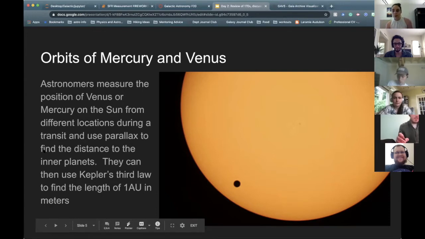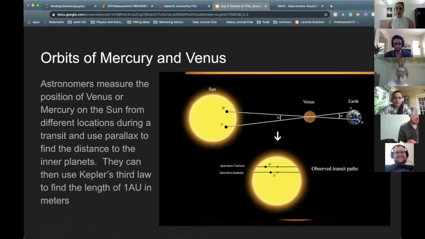So I'm going to show that again. What you're doing, if you can observe the transit of Venus from 2 locations on Earth, then you can use the difference of position on the sun and really careful timing in order to figure out the distance from Venus to the Earth, and essentially just use parallax along with our Kepler's laws, where we knew that fraction of an AU that Venus is sitting at, to get the distance to Venus, the distance to the sun.